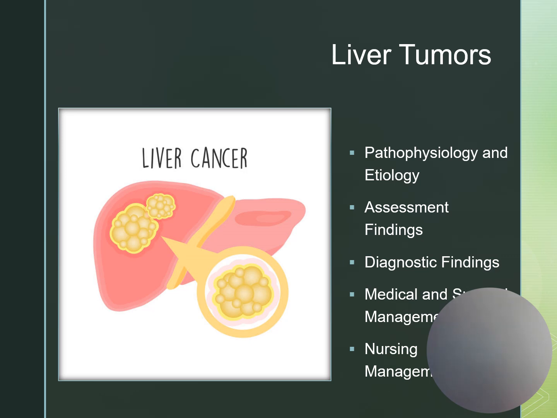And tumors can cause bile obstruction, jaundice, liver failure, portal hypertension, and ascites. These clients will exhibit jaundice, right upper quadrant pain, liver enlargement, and ascites. We diagnose through blood tests, liver scans, ultrasounds, MRI, CT scan, or biopsy.